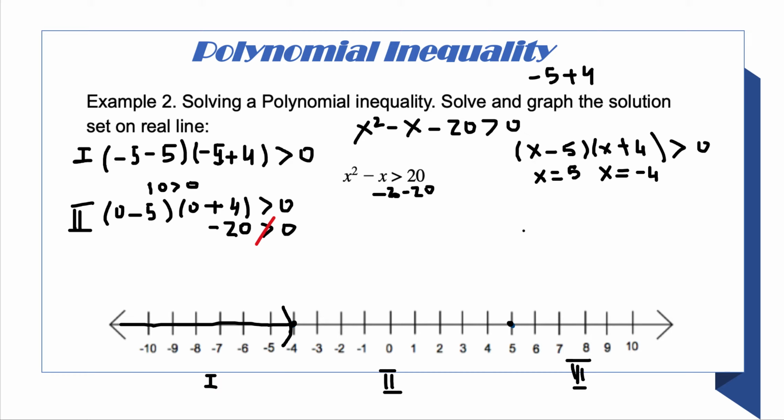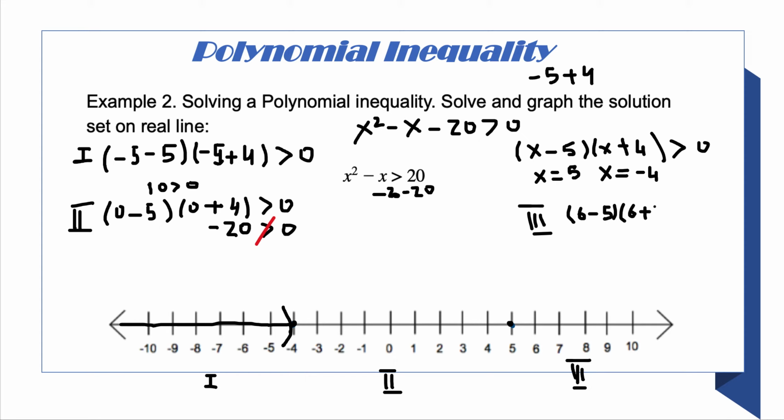And in region 3, let me test whether this is a solution of this inequality. I can check any number here, but I am going to check the number 6, which is very close to 5 and much easier to check. Instead of the x, I'm plugging in 6 minus 5, and on the other side 6 plus 4.